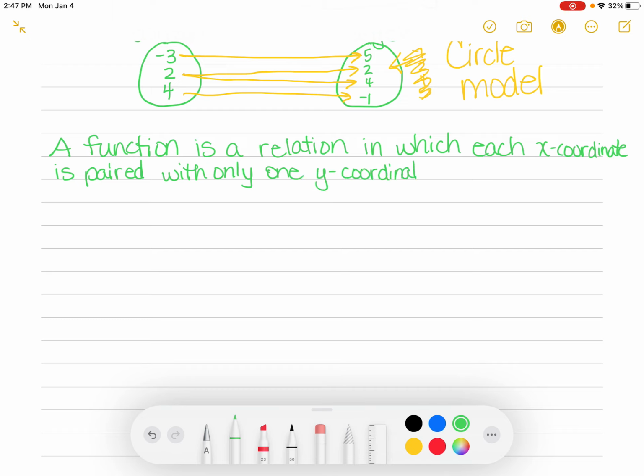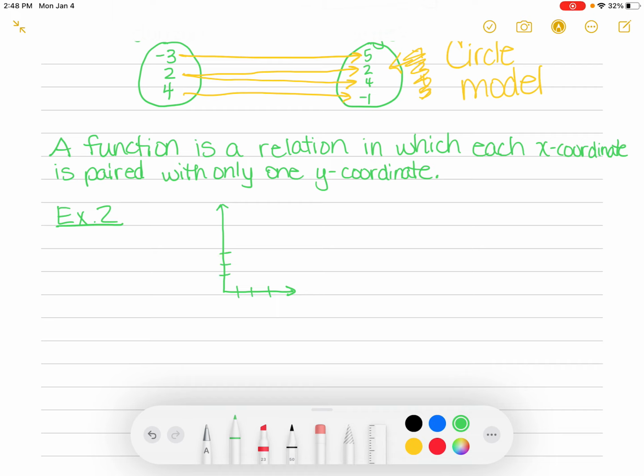So I'm going to show you some examples of what a function looks like and what one doesn't look like. Okay, so let's look at this one. This is example 2. So I'm going to draw a graph real quick, and it's just going to be the first quadrant graph.